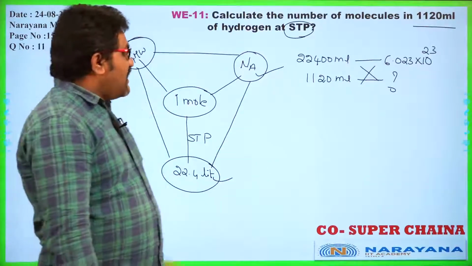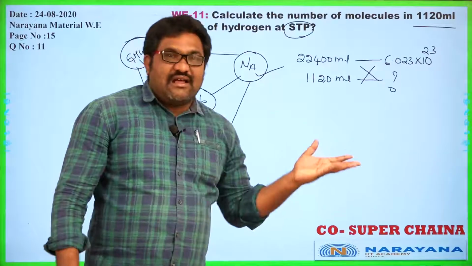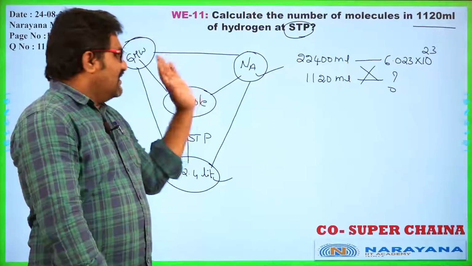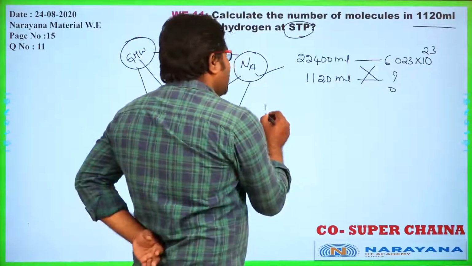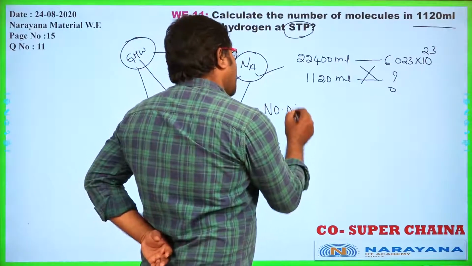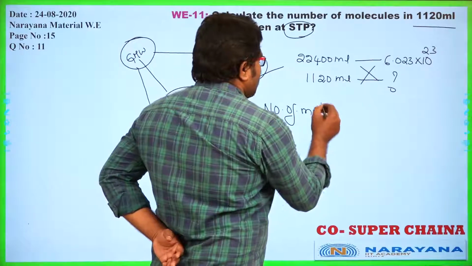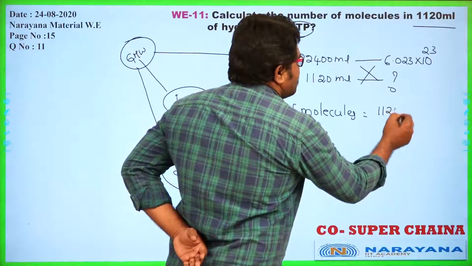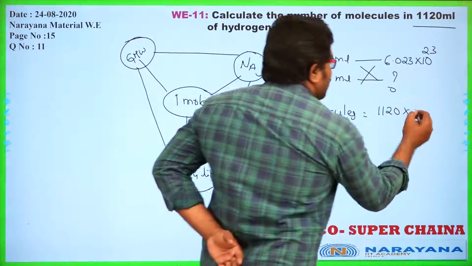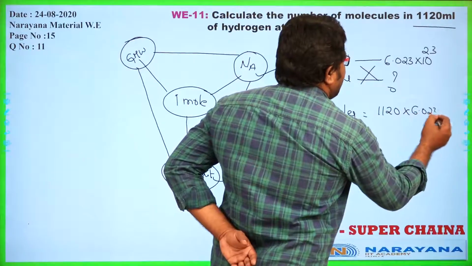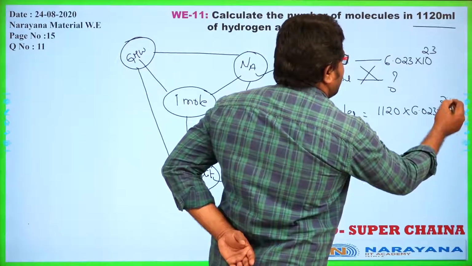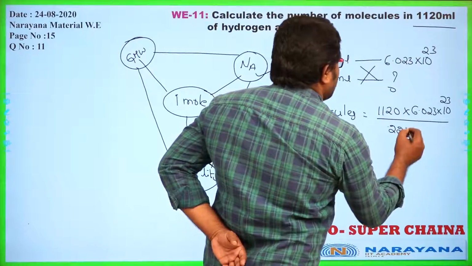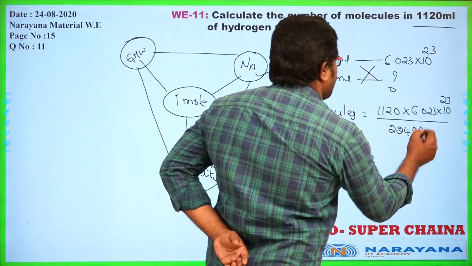Is it clear? Now in 1120 ml, how many molecules are present? Simply by cross multiplying, we can get the number of molecules. Number of molecules is equal to 1120 into 6.023 into 10 power 23 divided by 22,400.